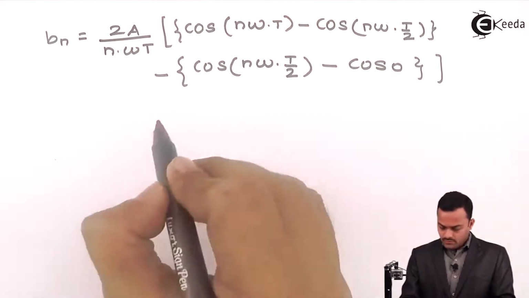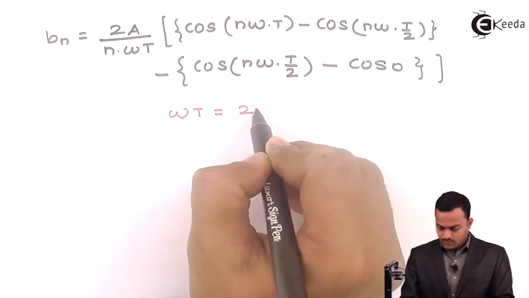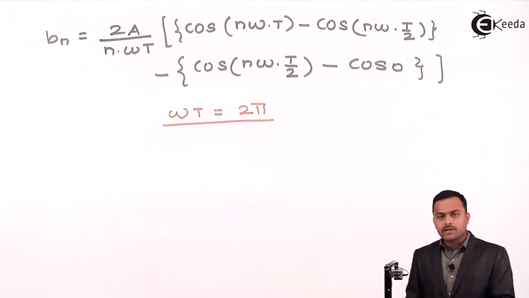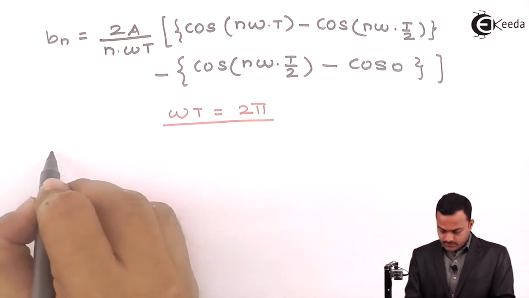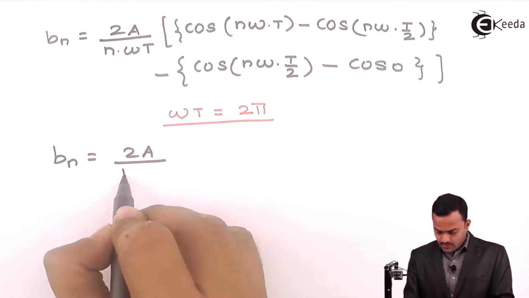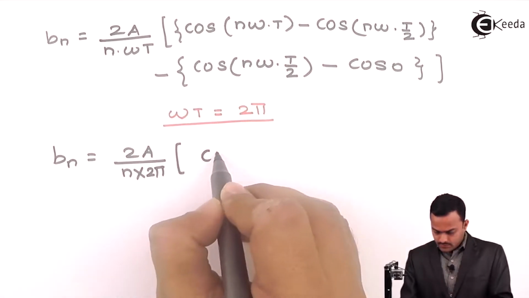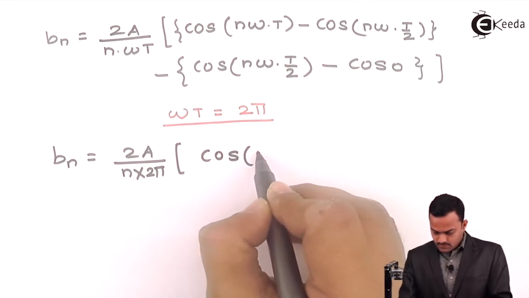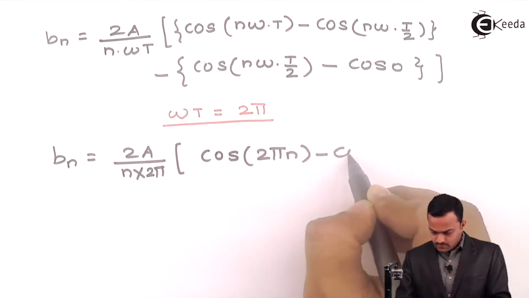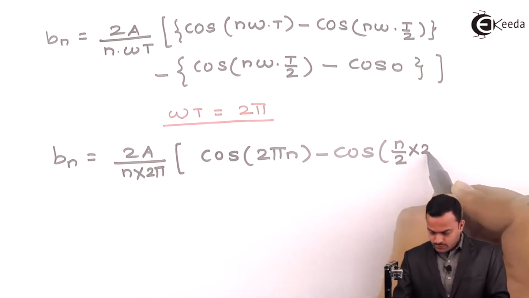Now since we know omega capital T is nothing but 2 pi, wherever omega capital T is there, we will replace it with 2 pi, so that we will get Bn as 2a upon n into 2 pi bracket cos 2 pi n minus cos n by 2 into 2 pi.